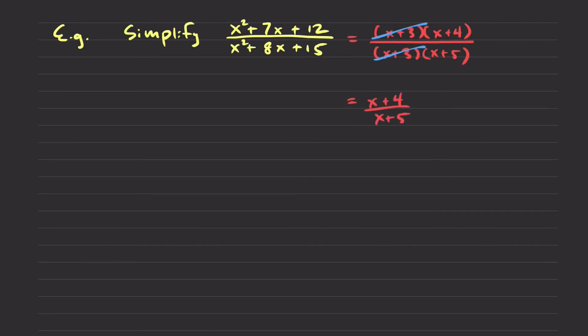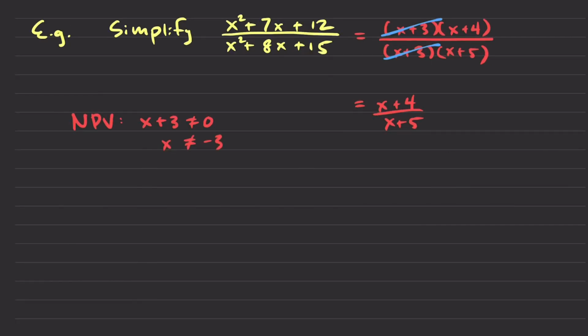And our NPVs, well, it's clear that x plus 3 cannot be equal to 0, or in other words, x cannot be equal to negative 3. And don't just think about the terms that you've canceled out. In our final and simplified form of the rational expression, right over here, x can still not be equal to negative 5.